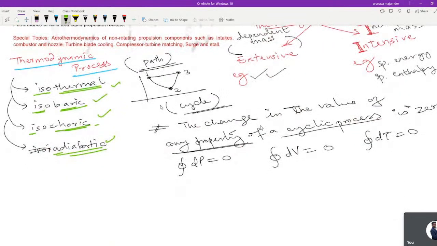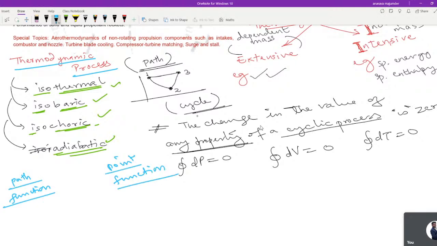Now, talking about this basic process, path and cycle, there is one more important thing to remember and understand. One is a path function, another is a point function. There may be questions on path function and point function.